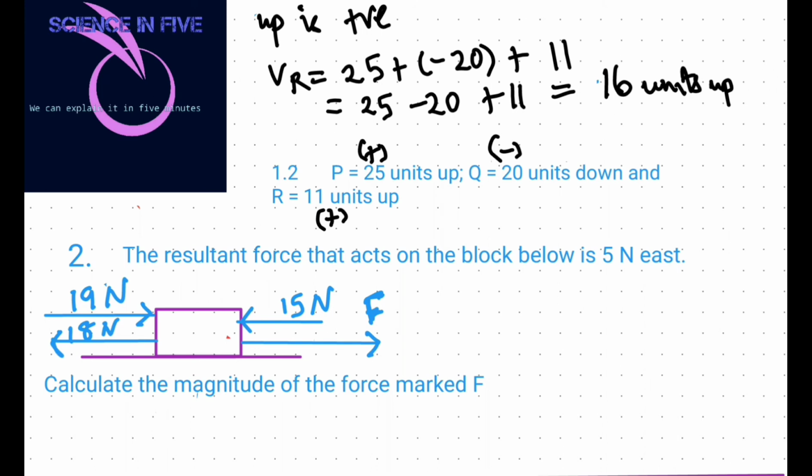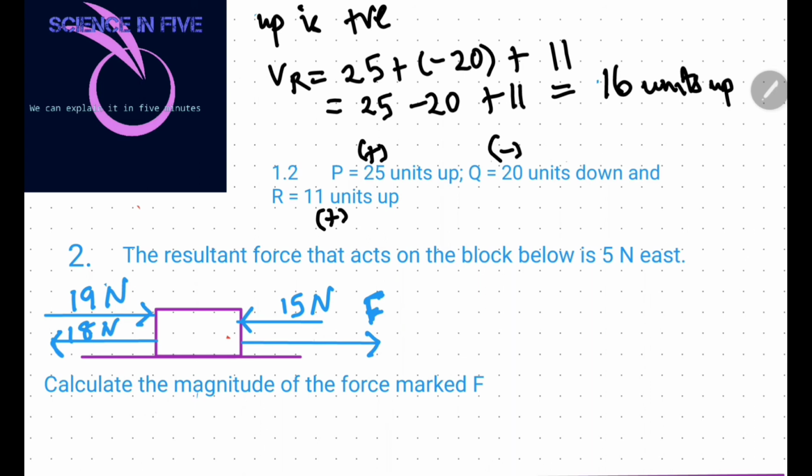Question 2. I'm told that the resultant force that acts in the diagram below is 5 newtons in the eastern direction. So I've got a 19 Newton force going east, a 15 Newton force going west, an 18 Newton force going west, and a force labeled F going east.